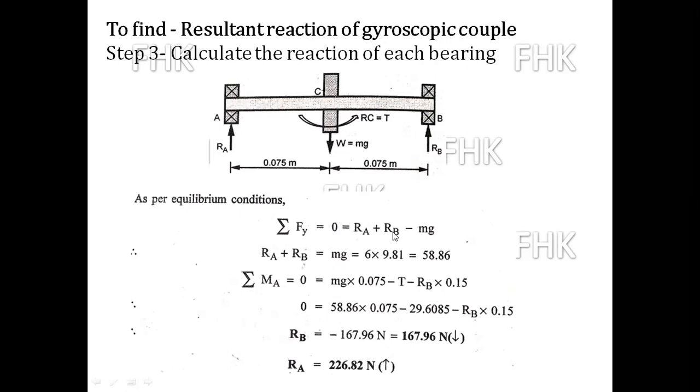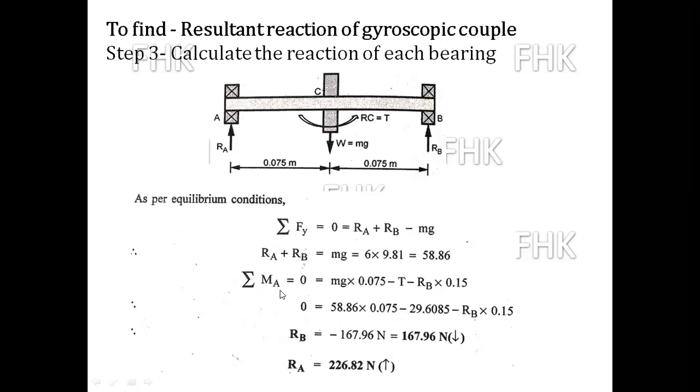So Ra plus Rb is equal to mg. The value of mg is the mass of the rotor, 6 kg, into 9.81. So Ra plus Rb is equal to 58.86.